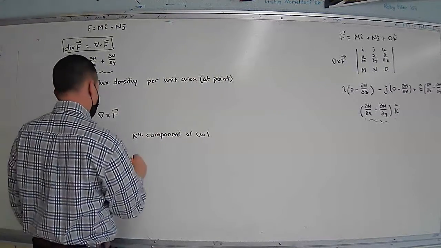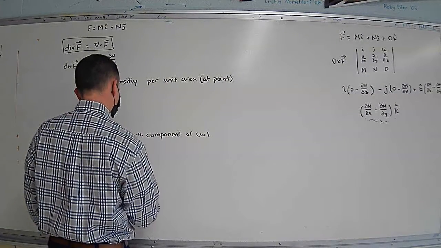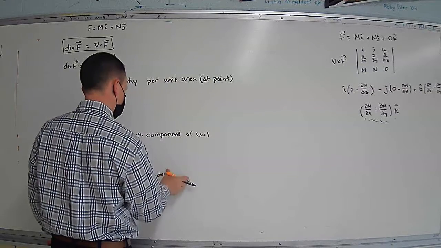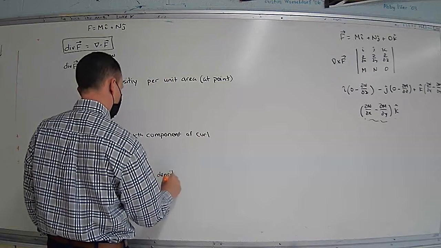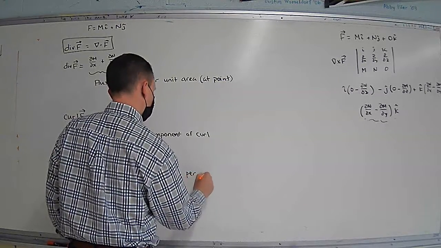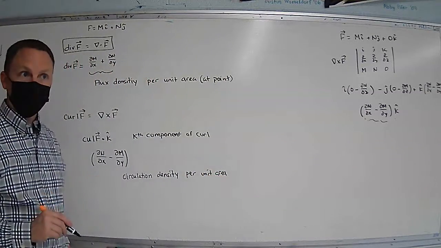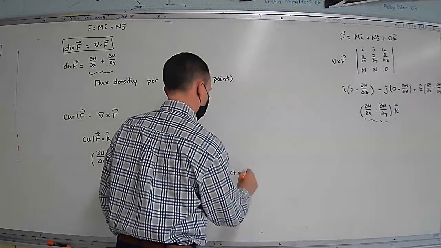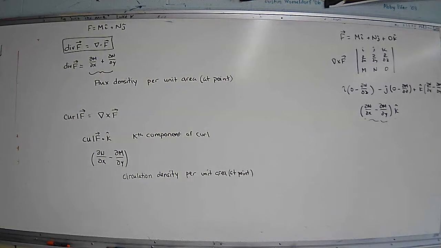But you can also think of this as what we call the circulation density per unit area at a point.